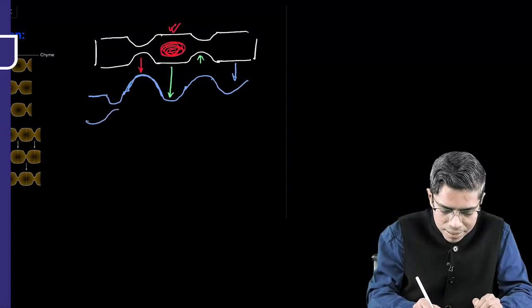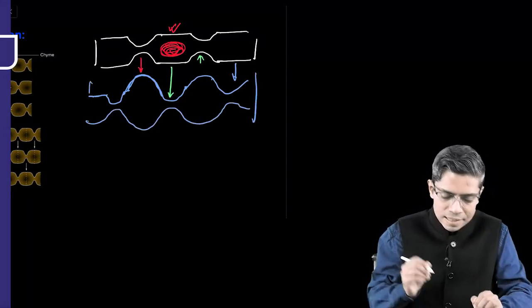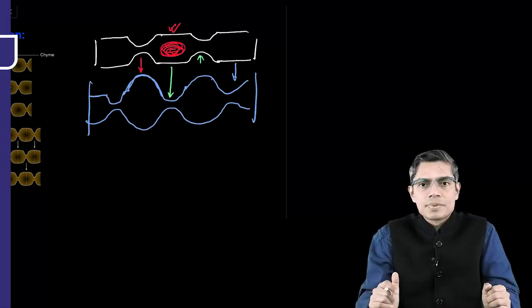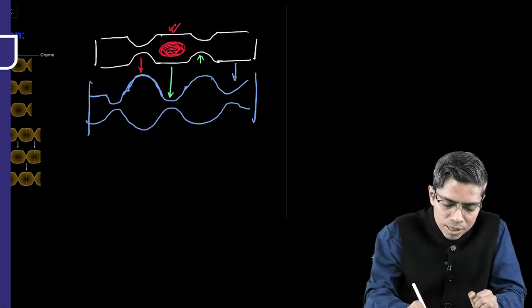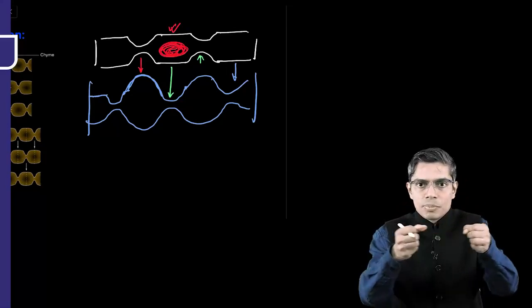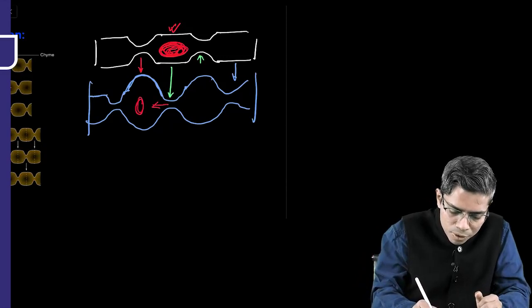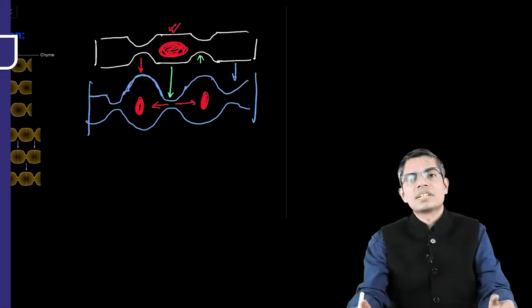If I draw a diagram, this is the same segment of the GIT, but now I can find different types of contraction. Whenever the area where the food bolus was present gets contracted, obviously the food bolus will be divided into two parts. Some part of the food bolus will move in the proximal direction, and some part will move in the distal direction.